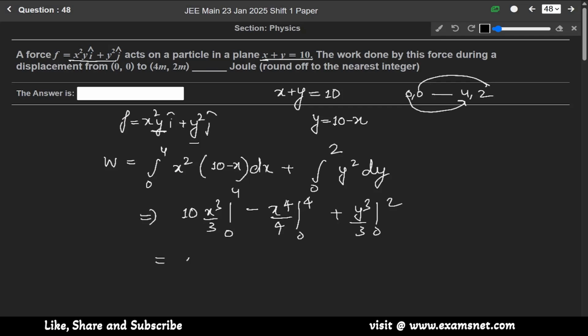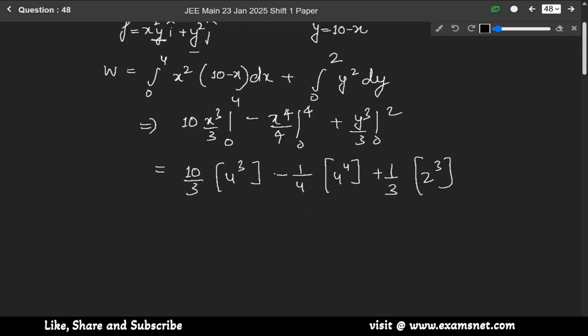So when we solve it, we get 10 by 3, 4 raised to the power 3, minus 1 by 4, 4 raised to the power 4, plus 1 by 3, 2 raised to the power 3.